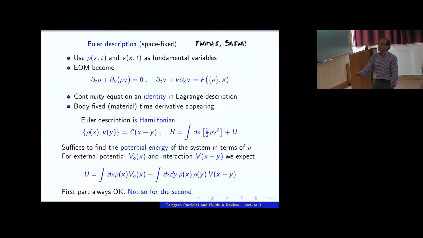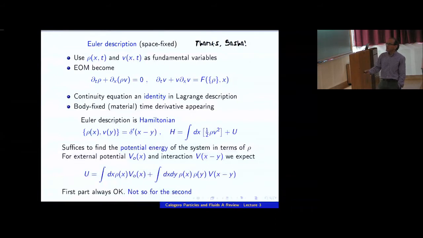If we have an external potential, call it V0 of x, like a trap, and an interaction, a two-body interaction potential V of x minus y, x and y being the positions of two particles, we would expect that interaction energy to be the integral of density over V0 x, which simply counts this rho of x, this density of particles at position x, counts the energy of these particles and sums over all of them.